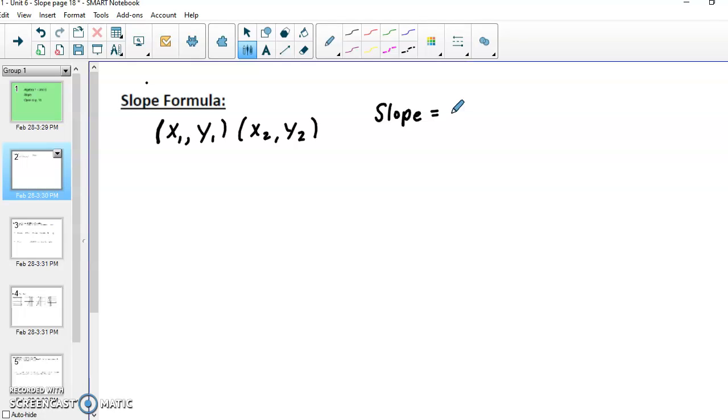There is a letter that is used to represent slope, and it's not S. It's not what you think. The letter is M. And the slope formula is y2 minus y1 over x2 minus x1. It is the same thing as change in y over change in x.